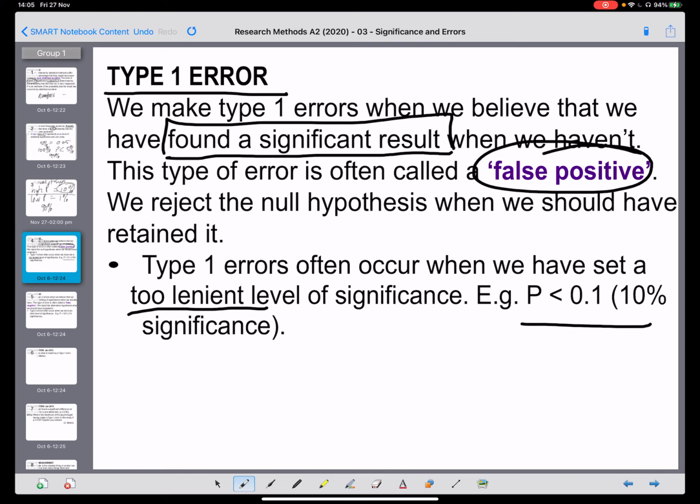And so it's too lenient, and I've ultimately come up with a diagnosis that is false. And it's a false positive because I've said you are pregnant. So that's significant, yes, you've passed the test. You are pregnant. But of course, it's wrong.